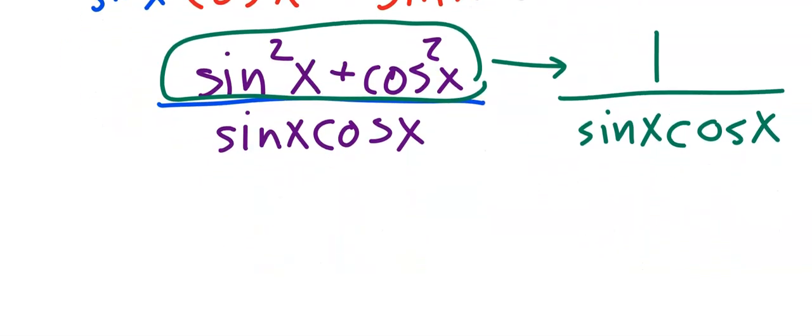Now, I need to remind you of something. Can you tell me what 1/2 times 1/3 is? You guys know that's 1/6, right? Is that the same thing as 1 over 2 times 3? Okay.